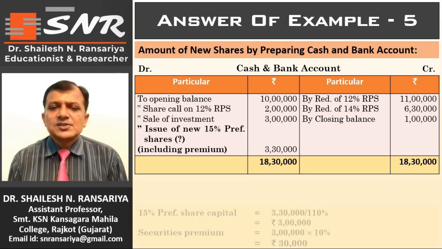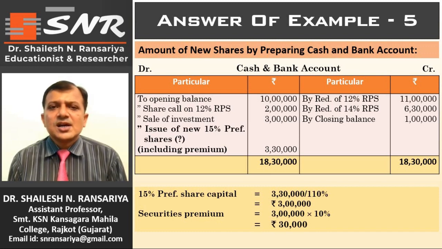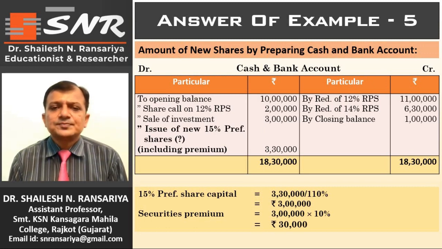So 15% preference share capital is equal to 3 lakh 30,000 divided by 110%, because new shares are issued at 10% premium. So total value including premium is equal to 110. So the face value of new shares is rupees 3 lakhs. The remaining part is for the securities premium. So securities premium is equal to 3 lakhs multiplied by 10%. So it is rupees 30,000.